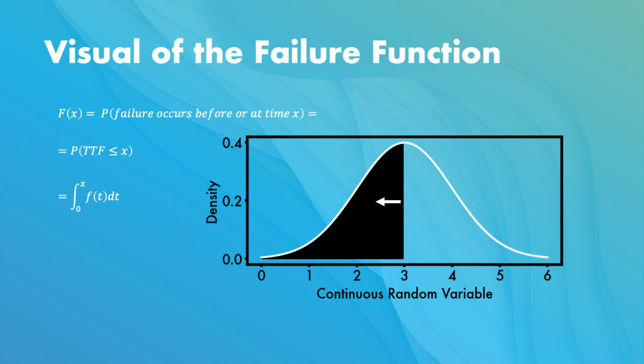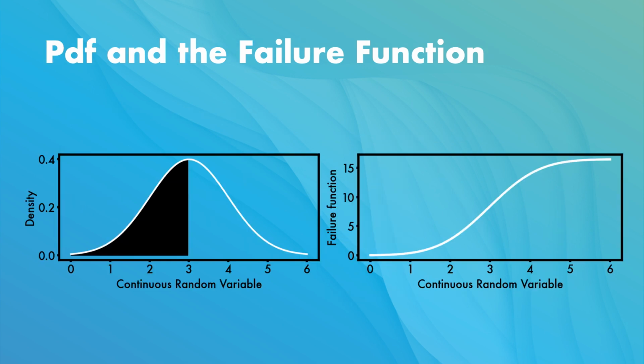Now visualizing the failure function, we can see here the visual representation of a failure function at time 3. So all the black shape is the probability that the failure occurs before or at time 3. So you see here a probability density function and a failure function, and the failure function is obtained by integrating the probability density function until that point.